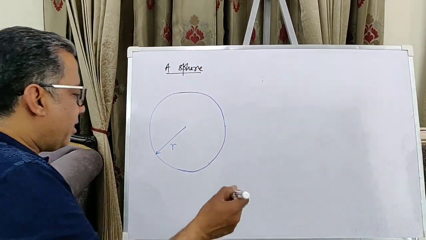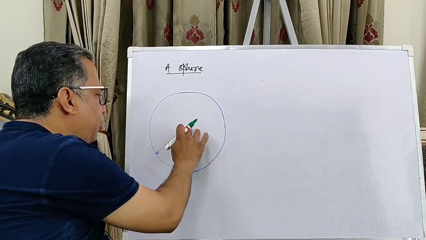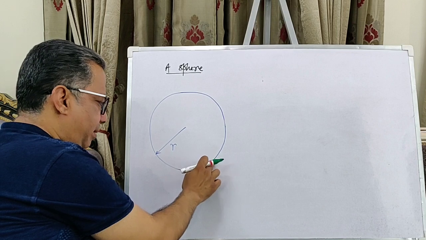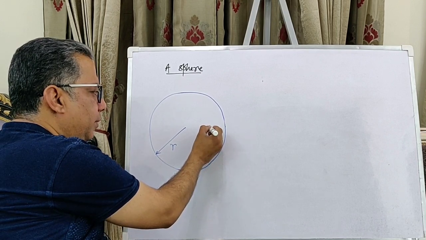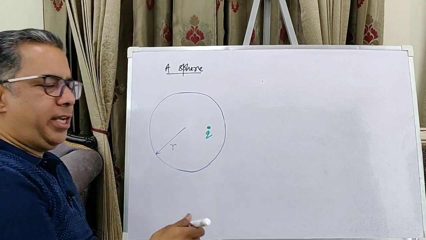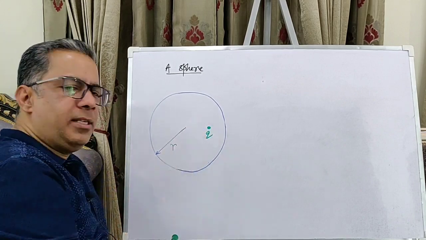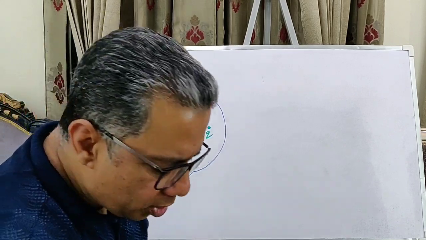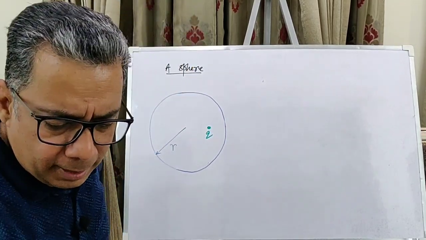This time we are going to place it off center. So this time now the charge is placed over here. Let's say, for instance, it is placed at this point. Now, what is the flux through the spherical surface?